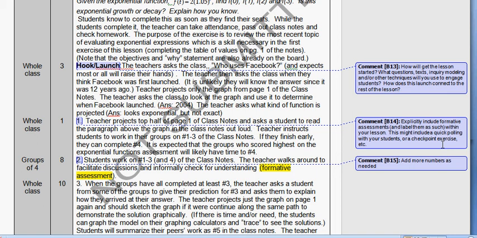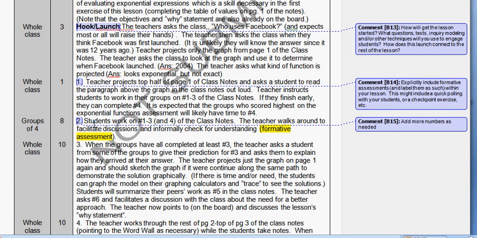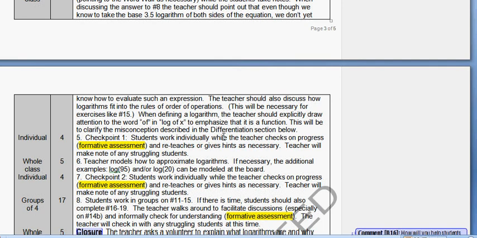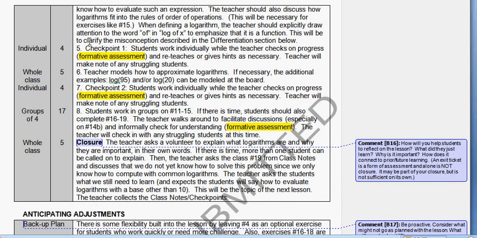So you want to be thinking about that as you're writing the actual lesson plan. So again, as an example here, the students are working on a certain part of the class notes. And the teacher's walking around to sort of facilitate discussions and informally check for understanding. So the fact that the teacher is informally checking for understanding, we have that formative assessment. Okay, so you fill out the lesson plan, and you'll notice I have several formative assessments throughout the lesson there.